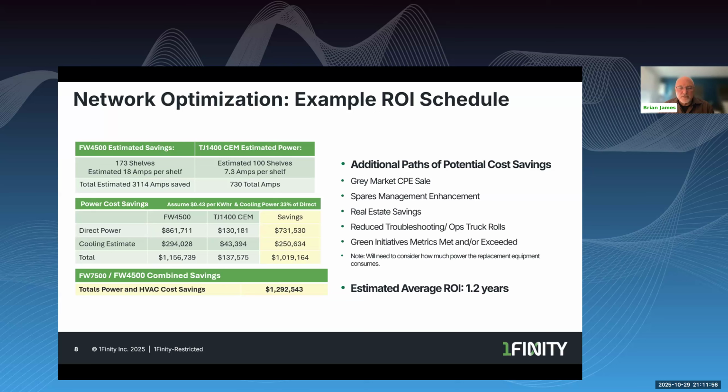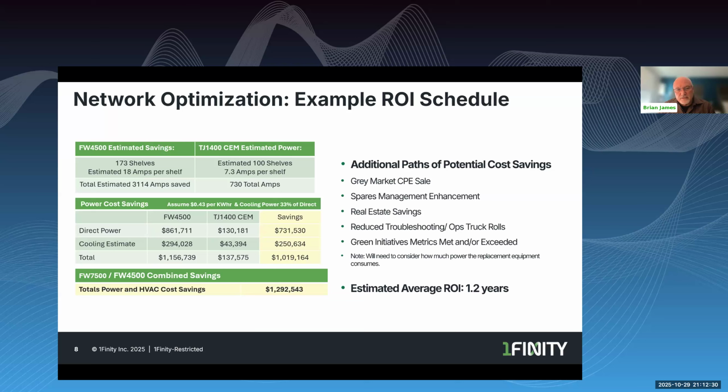Power cost savings, in this case, it was 43 cents per kilowatt, and the cooling power was 33% of the direct cost there. The direct power is from the 4500 to the Tejas 1400. You can see the difference there, the cooling estimate and the total. So going from the FlashWave 4500 to the TDM Tejas 1400, you can see the savings there.